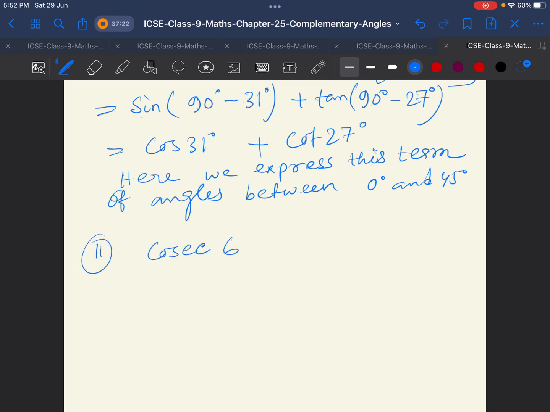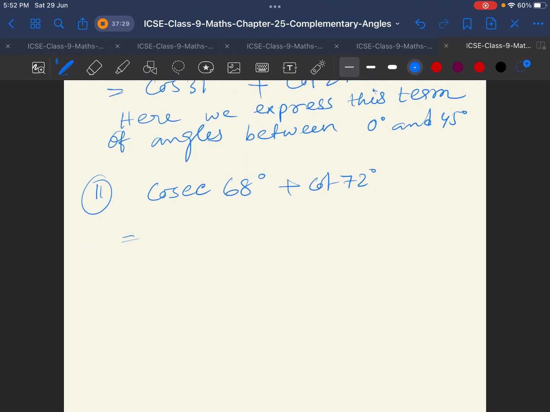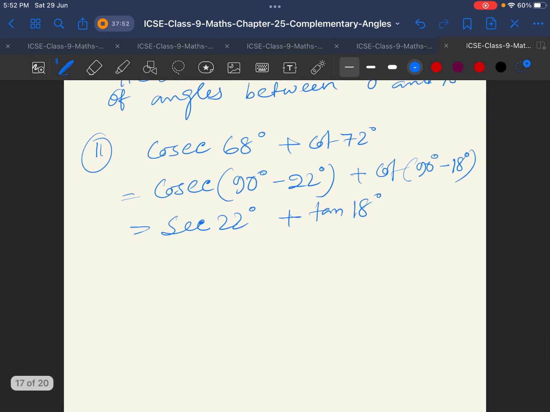Now question number 2, cosec 68 degree plus cot of 72 degree. So we can write cosec of 90 minus 22 is 68, plus cot of 90 minus 18 degree. So we can write sec of 22 degree plus tan of 18 degree.